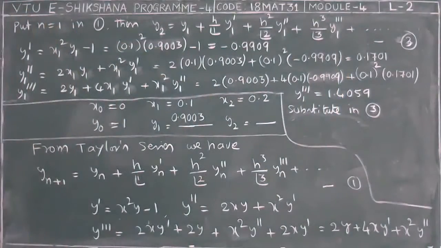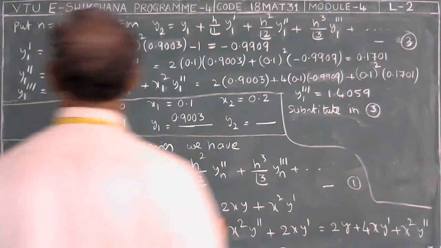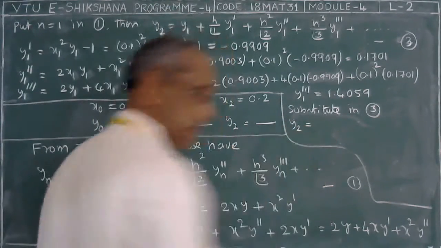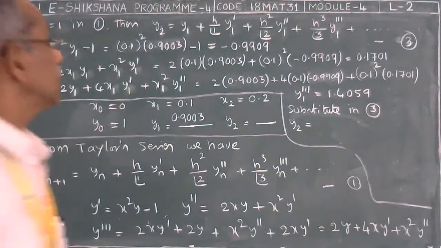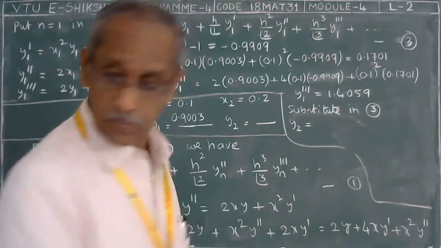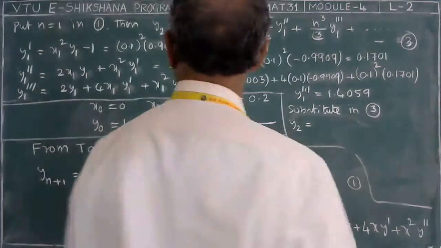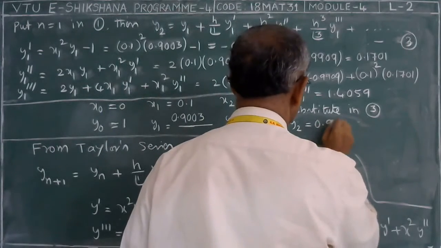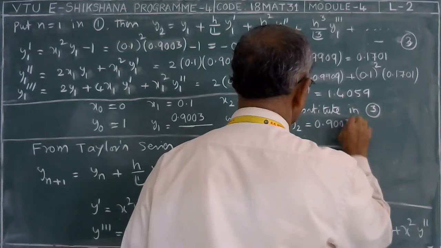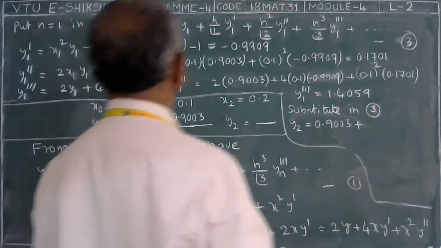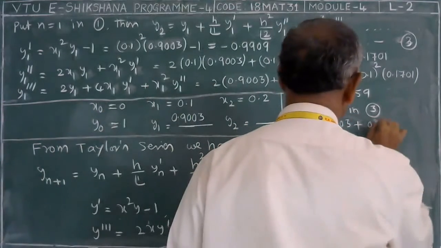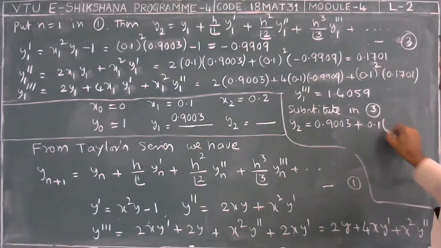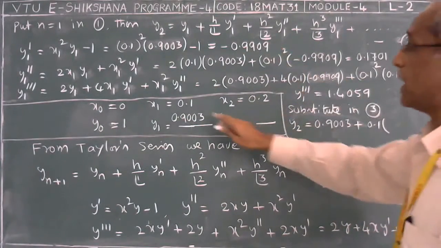So when you substitute in 3, you get y2 is equal to y1. Y1 is 0.9003 plus h is 0.1 divided by factorial 1 into y1 dash.